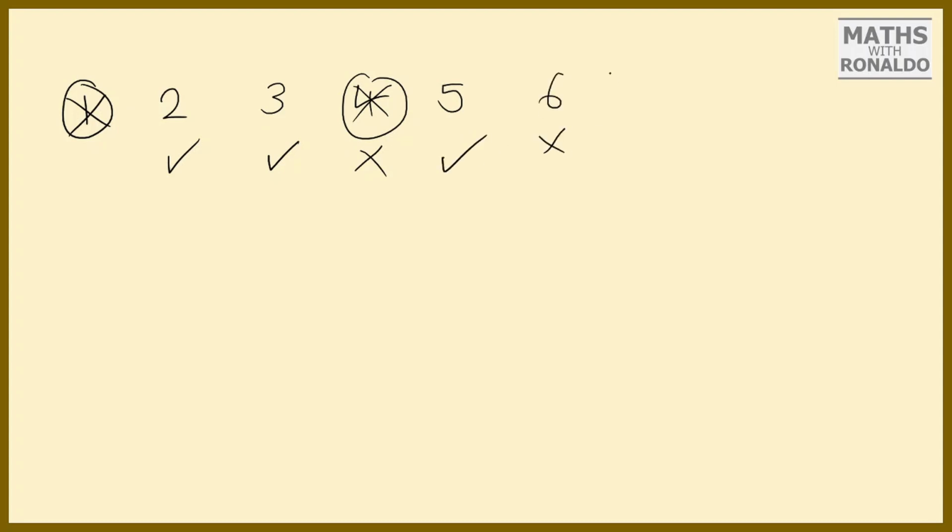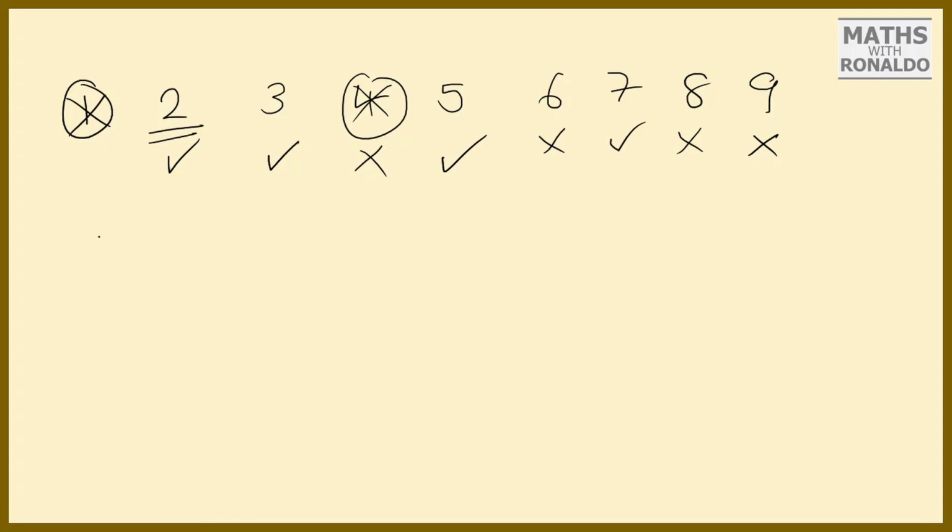6 is not a prime number. 7 is a prime number. 8 is not a prime number. 9 is not a prime number. And we know that all even numbers except 2 cannot be prime because they can be divided by 2.